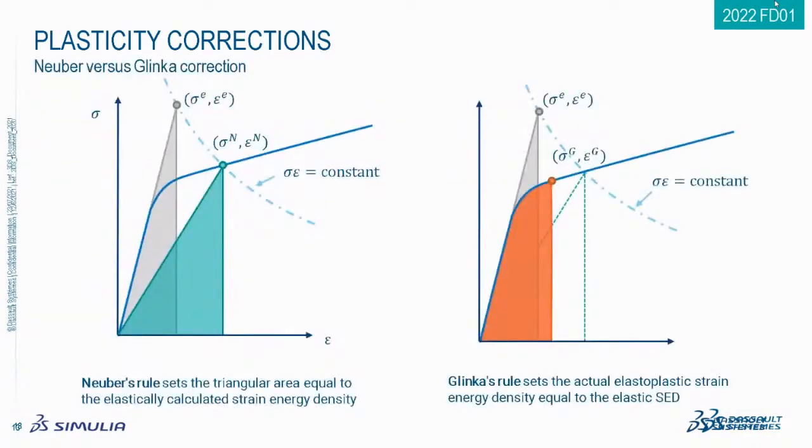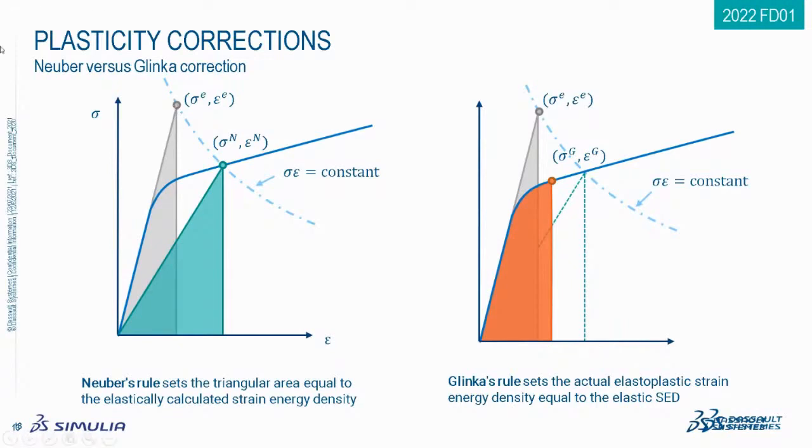So here's what it looks like. Two examples here on the left and the right. We're looking at stress strain curves. This triangle here represents the purely elastic solution. So you can see we've exceeded the yield stress, but of course an elastic solution doesn't know that. It just keeps following the elastic curve.